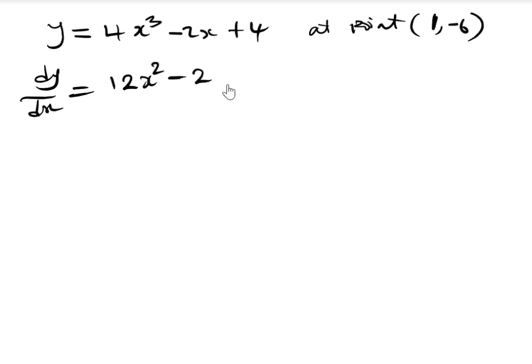But remember, we're asked to find the gradient at this point. So what this signifies is this is x and this is y. So we are only interested in the value of x.